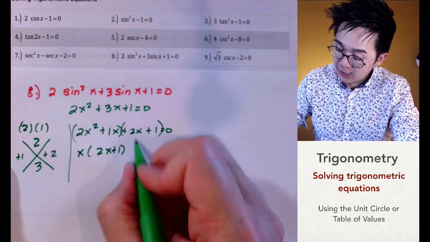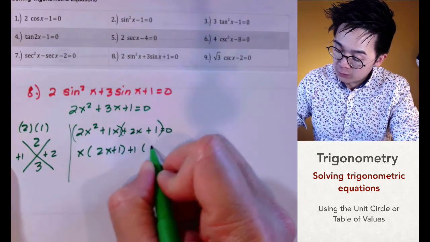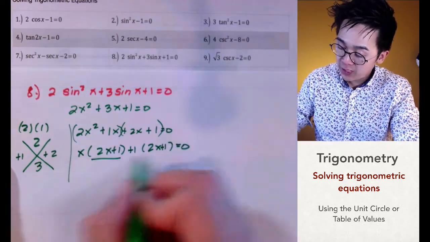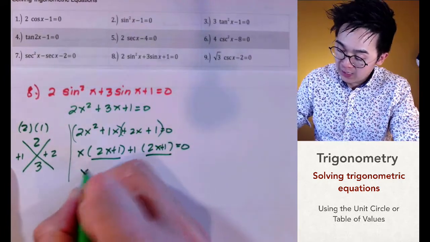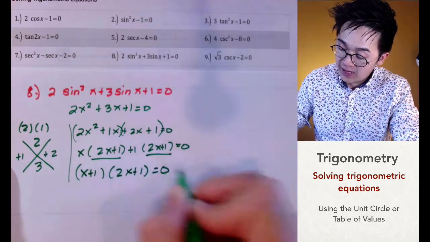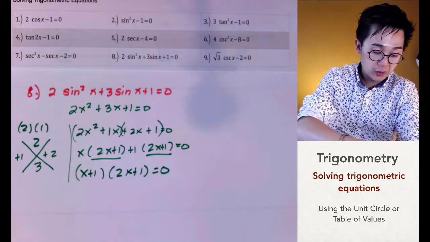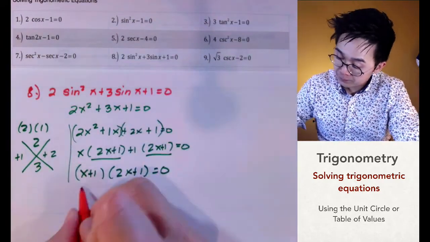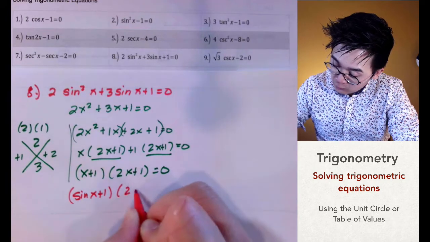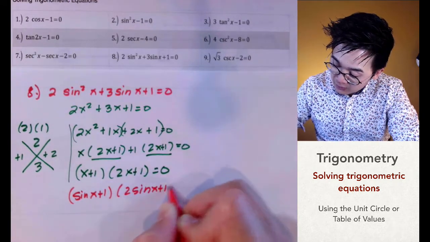And the GCF of the second group is positive 1, so we'll only have 2x plus 1 in our equation. So now that we have a common factor, we'll have x plus 1 and 2x plus 1 as the factors of the quadratic equation, which we're going to translate into sine x plus 1 and 2 sine x plus 1.